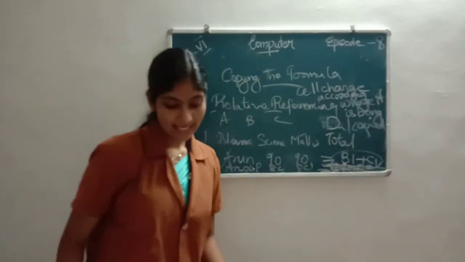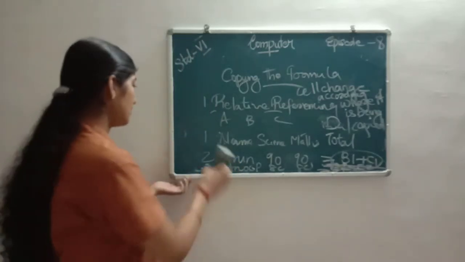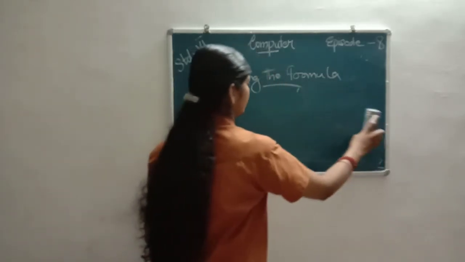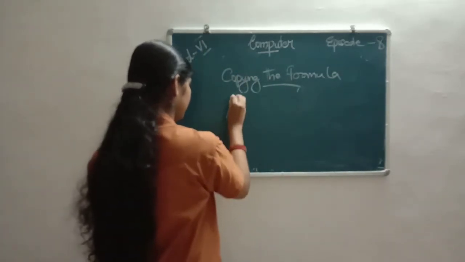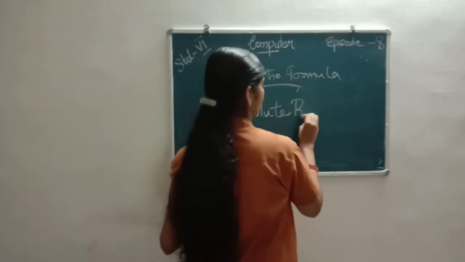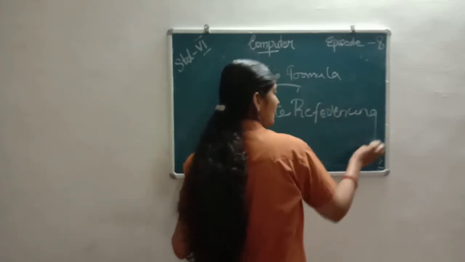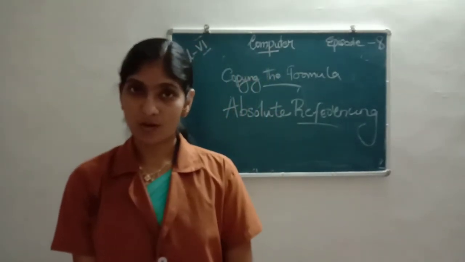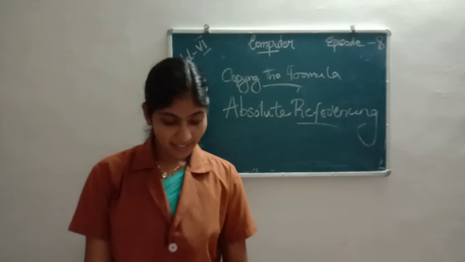Okay, and the next type of referencing is absolute referencing. In absolute referencing, the cell address cannot change according to rows and columns, but we have to put a symbol for that.